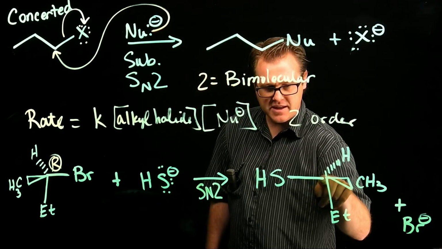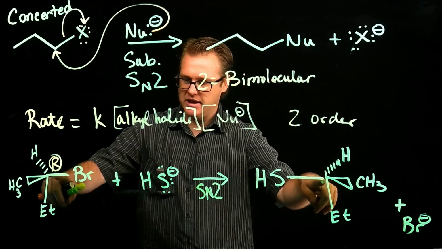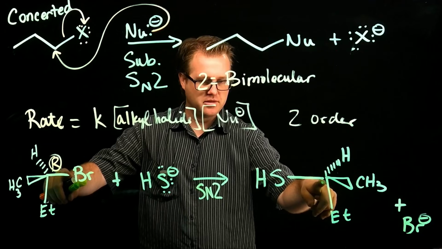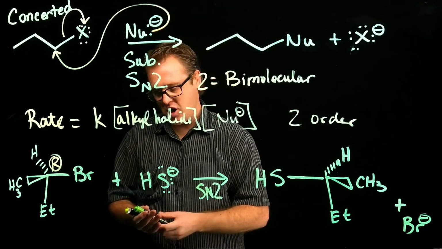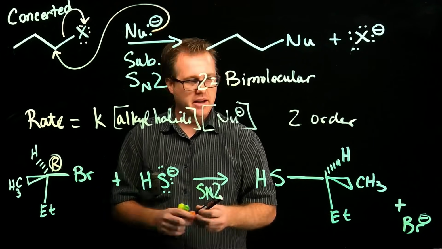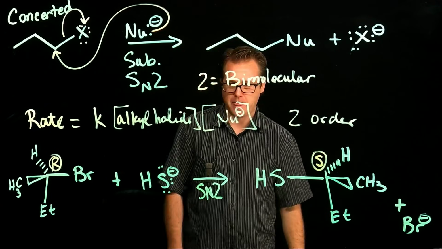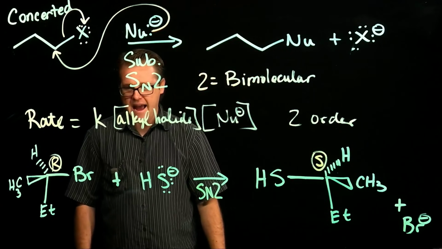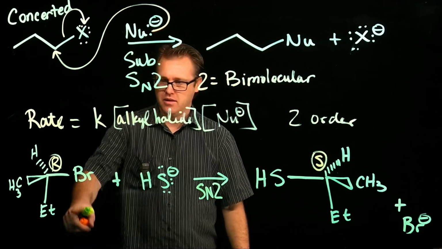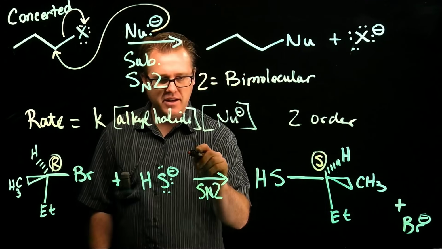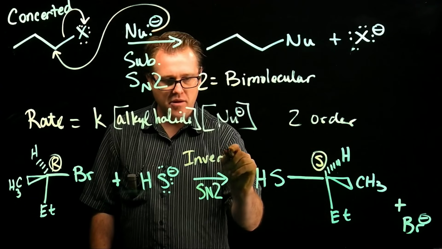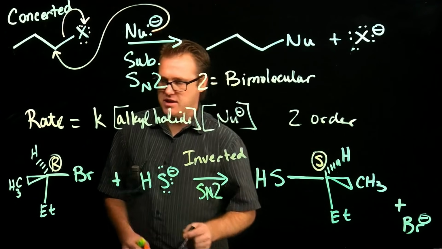But what happened to that stereocenter? Is it still R? You will notice that it is not still R. It is an S configuration. So what has happened? We have inverted the stereocenter.